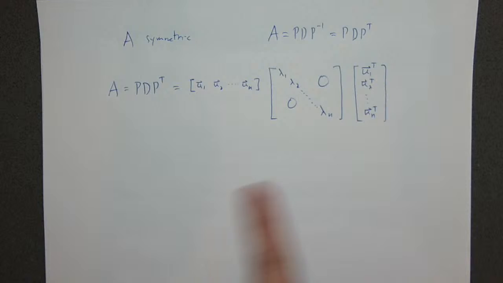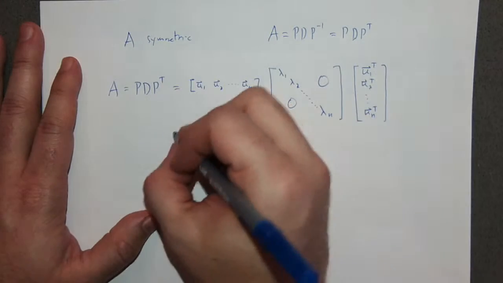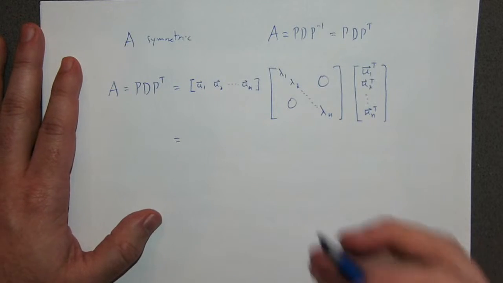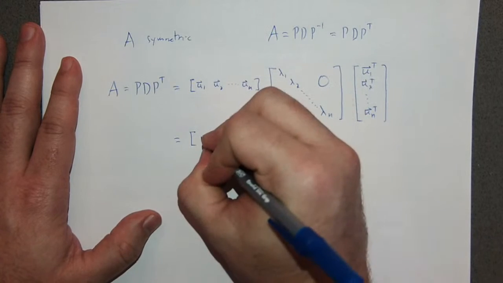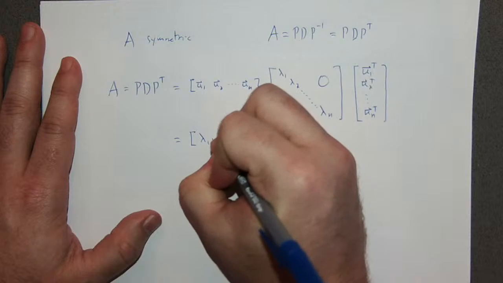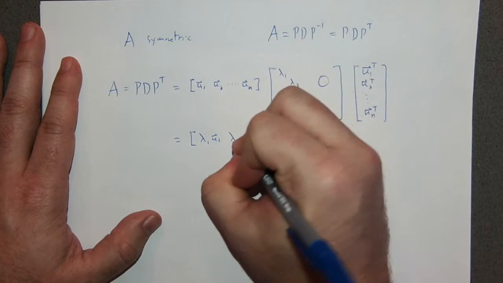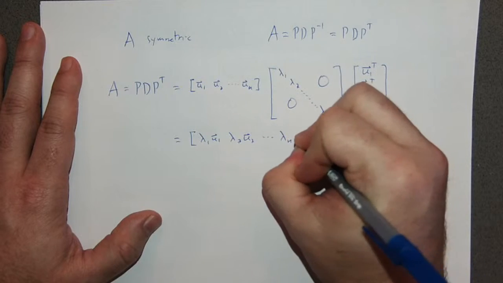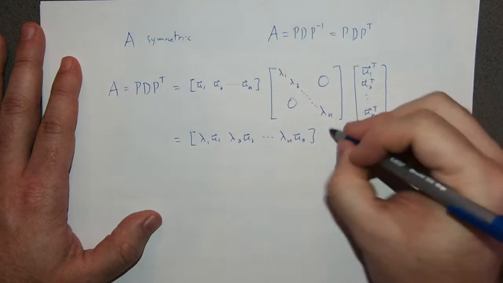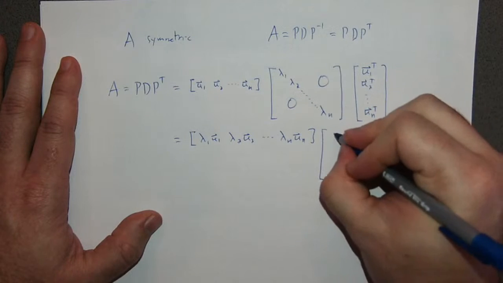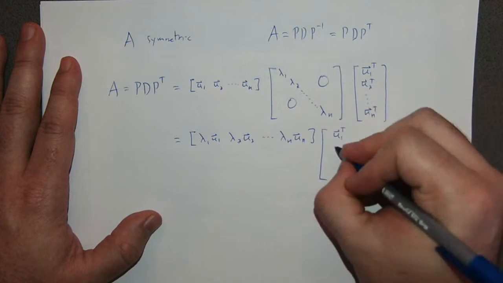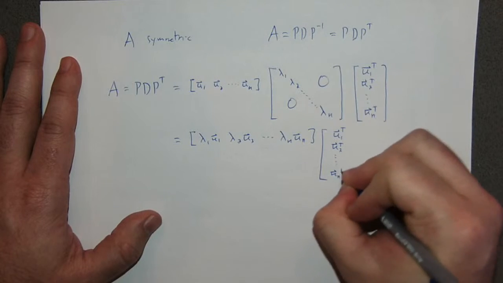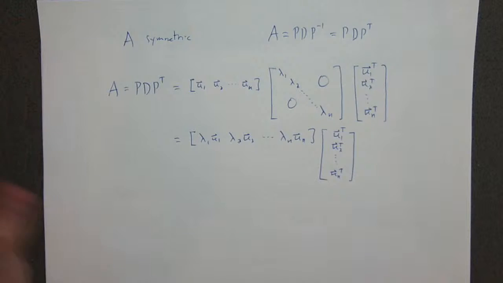But then I can put these lambdas on these vectors U, and it's the same thing. So I can write this as columns lambda 1 U1, lambda 2 U2, and so on out to lambda n Un, still multiplied by these rows, U1 transpose, U2 transpose, all the way down to Un transpose. Now you see what I'm getting at, right?